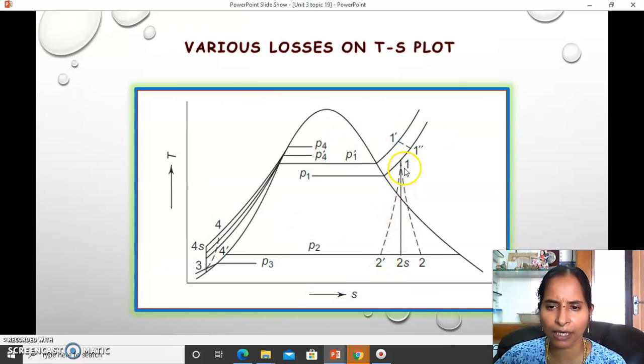Now, here the process should be 1 to 2s, that is the isentropic process, but instead the process would be 1 to 2, which is not following reversibility as well as adiabatic conditions. So it will give you lesser power than what we are expecting.